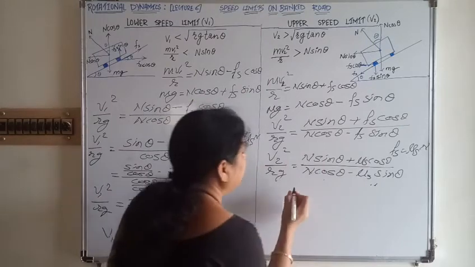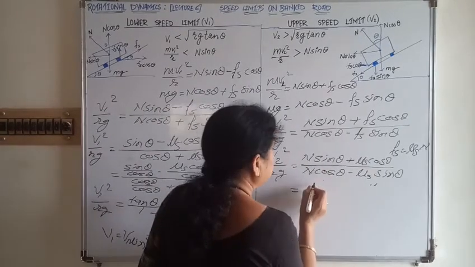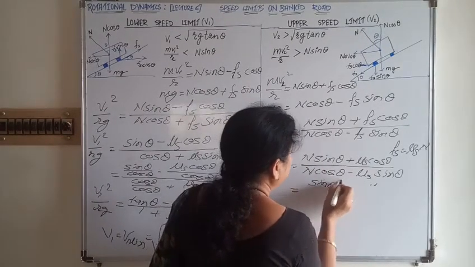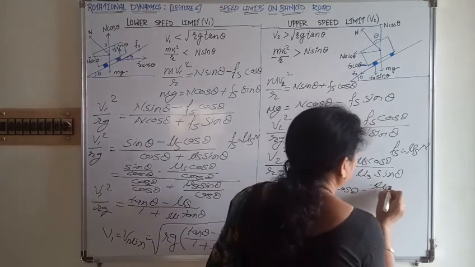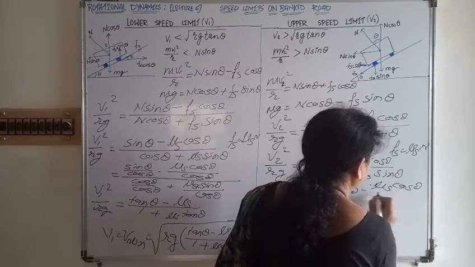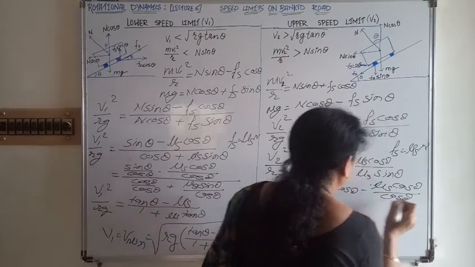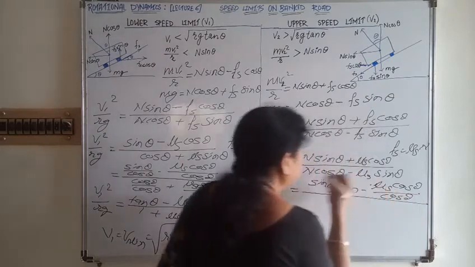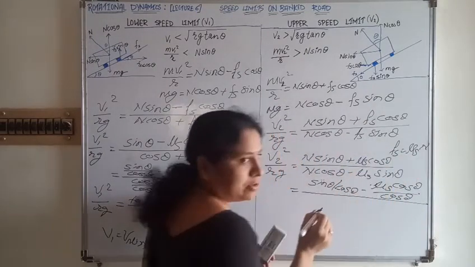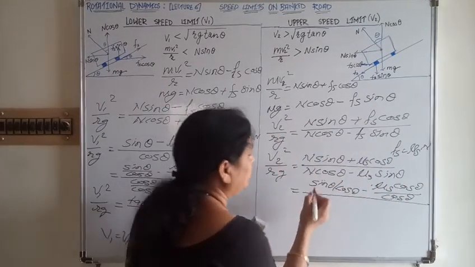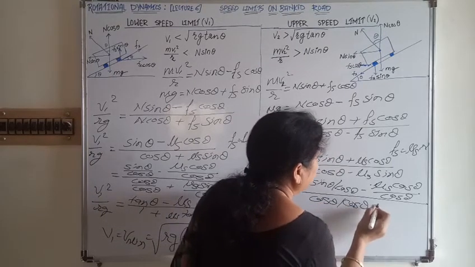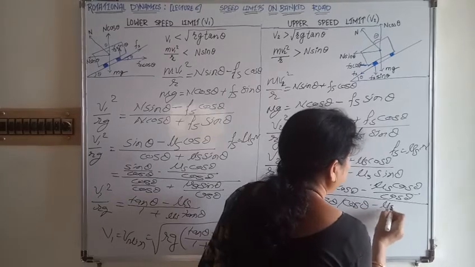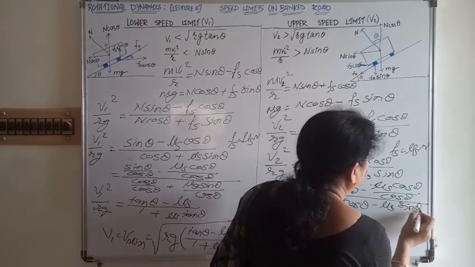We write that term here. See, N gets cancelled, and you get sin theta upon cos theta plus mu s cos theta upon cos theta, upon N cancelled because we put Fs is equal to mu s into N, and N is common. Again I can write cos theta upon cos theta minus mu s into sin theta upon cos theta.